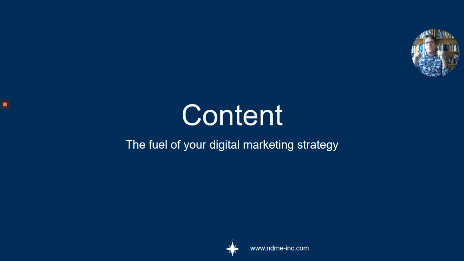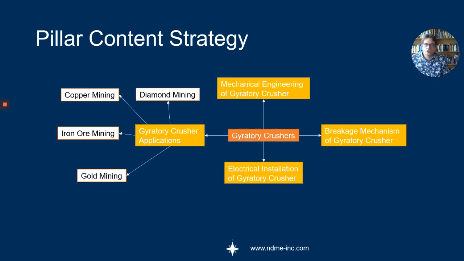It will be what you use to nurture him, to give him confidence in who you are as a company, so that he will want to do business with you. Now, the way you would go about developing content is you would have a pillar content, and then you would develop content themes around it, and you'd structure your website in such a way that you've got these linkages, because that's another thing.